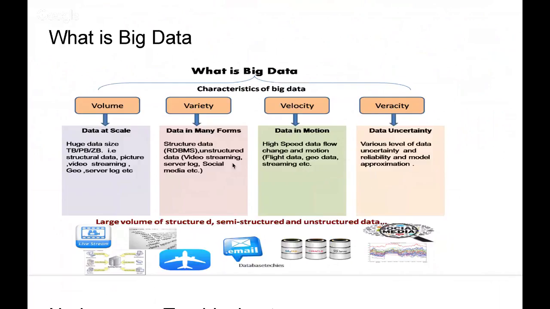So let's first know what structured data and unstructured data are. If I give you an example of structured data, it is RDBMS data, like MySQL data. All are structured, as both have a relational database model, where each row has some relationship with the columns.